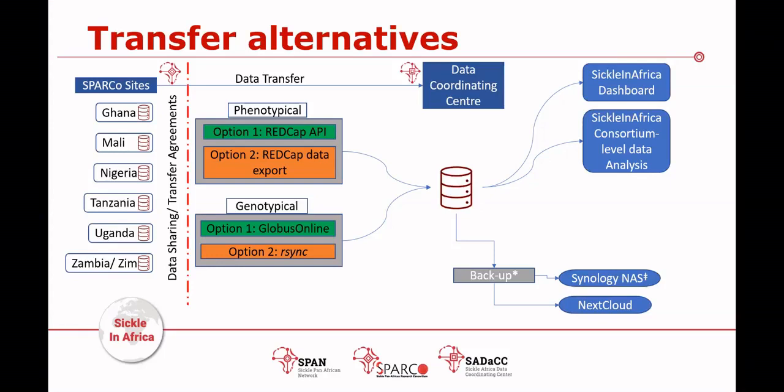So that's option one. Option two is the first one we talked about, where you export the data file and share it via mail. But that option two can also be done in another way, where you put that file somewhere on a server that we can download from with user login details, or even Globus Online.